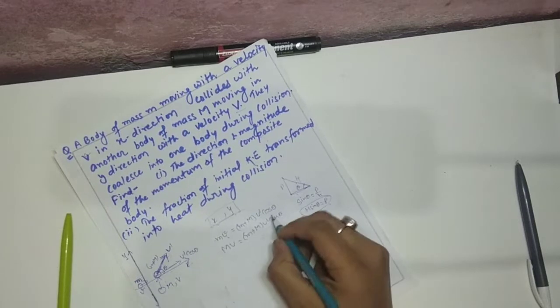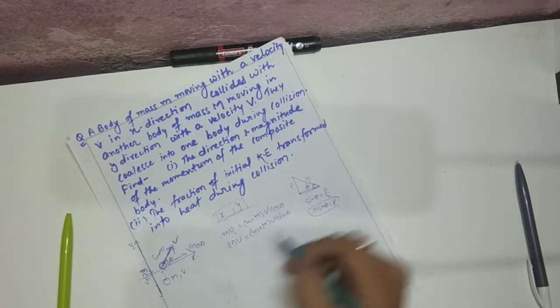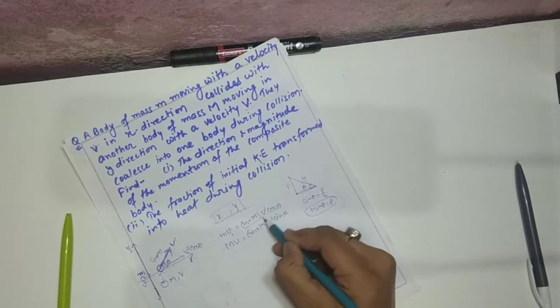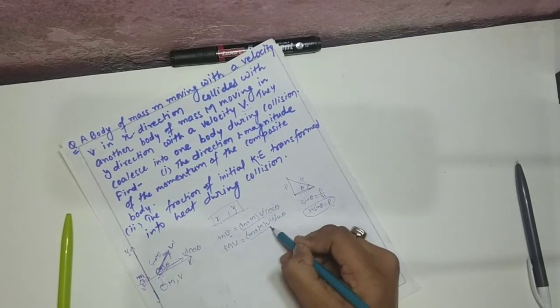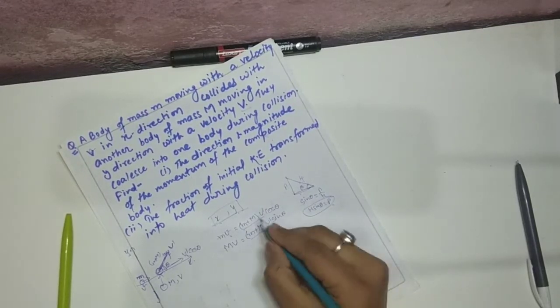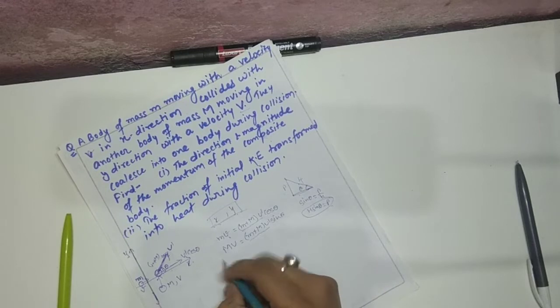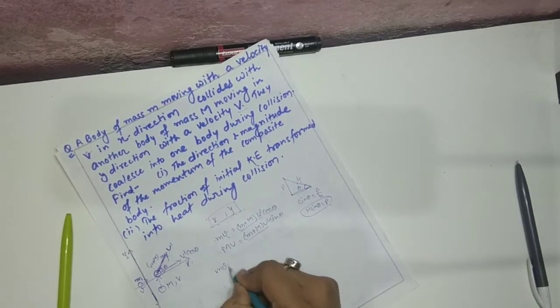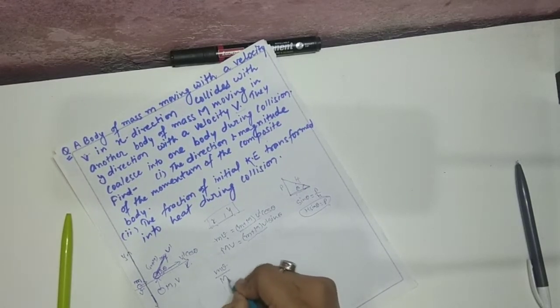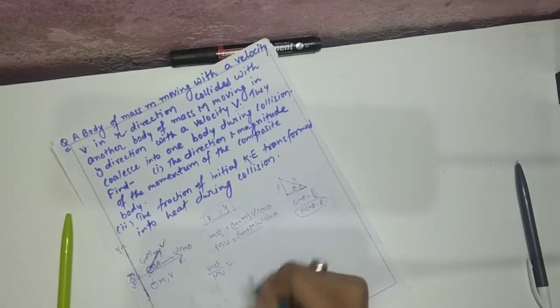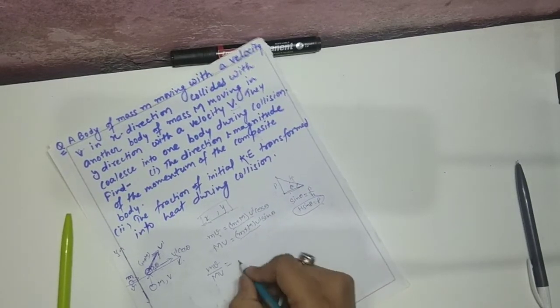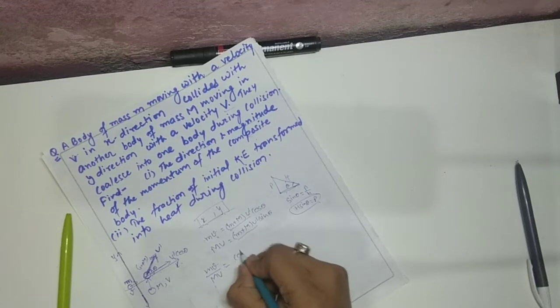Now we need to find this theta. I can see that this term and this term are the same in both expressions, so I divide them. Therefore I get m small v by M capital V, which is equal to cos theta upon sin theta, which is cot theta.